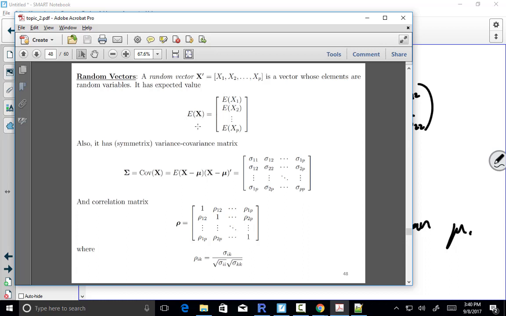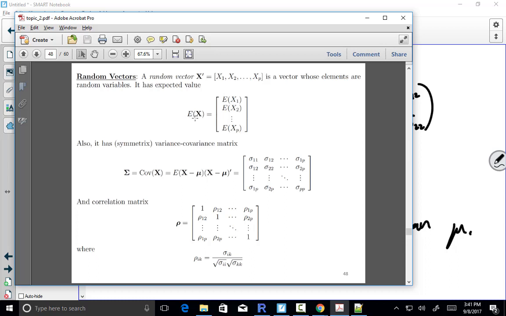Then we can talk in terms of its expected value. Every random vector has a probability function, and therefore it has an expected value and potentially a variance. So this has expected value of x, where each component, it's a p vector, each component is just the expected value of that component, that variable.